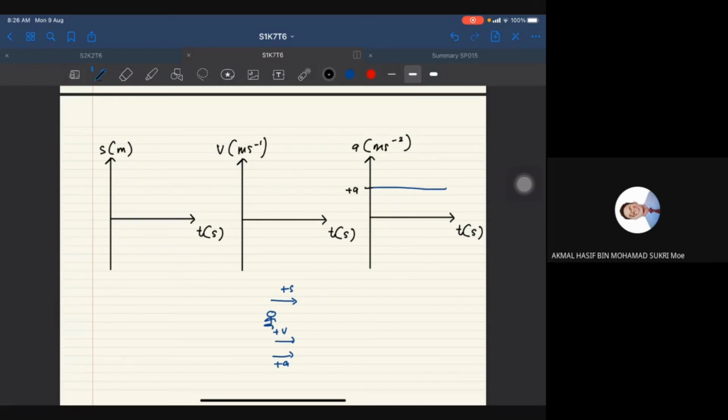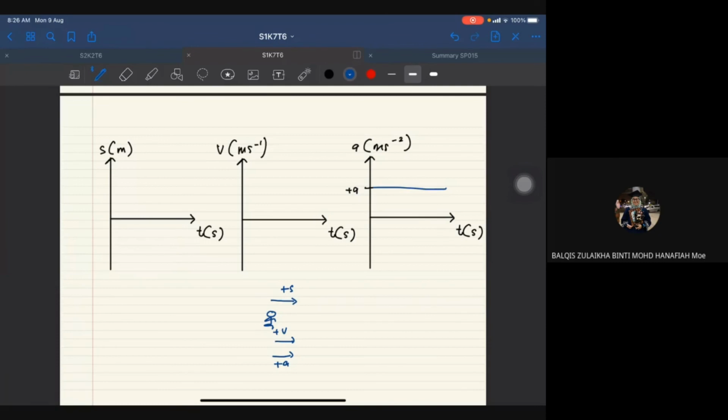Okay, what can you say about the velocity? Increase. Velocity increases. So, if I want to draw the shape of my graph, would it be linear or quadratic? Linear. Okay, kenapa linear?